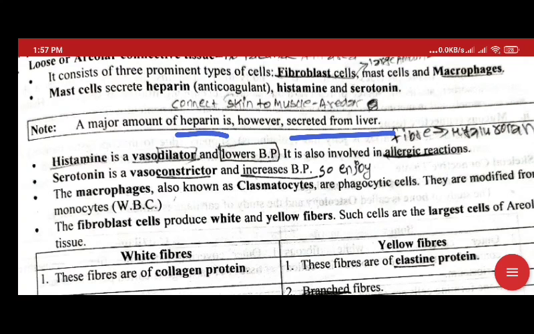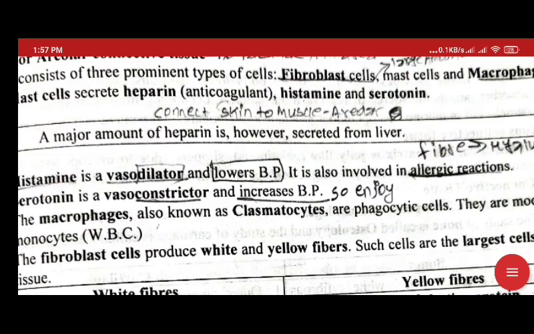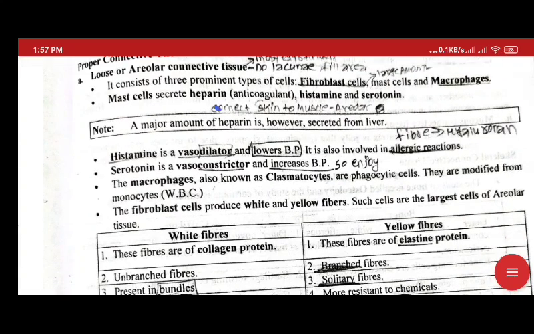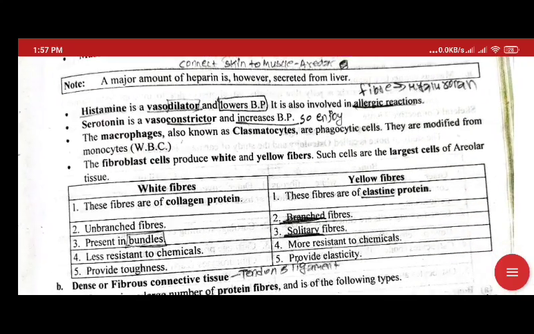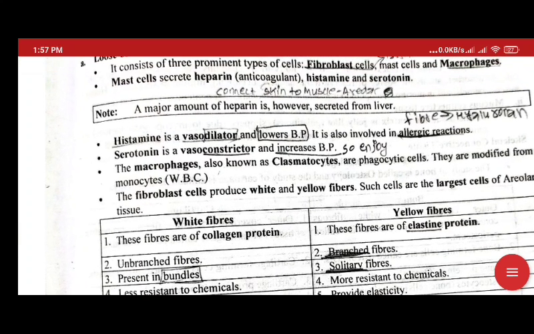Now heparin is secreted from the liver. Also we have skin to muscle. This is not important. Now in mast cell we have histamine. If there is amine, then you should directly relate it to dilator.